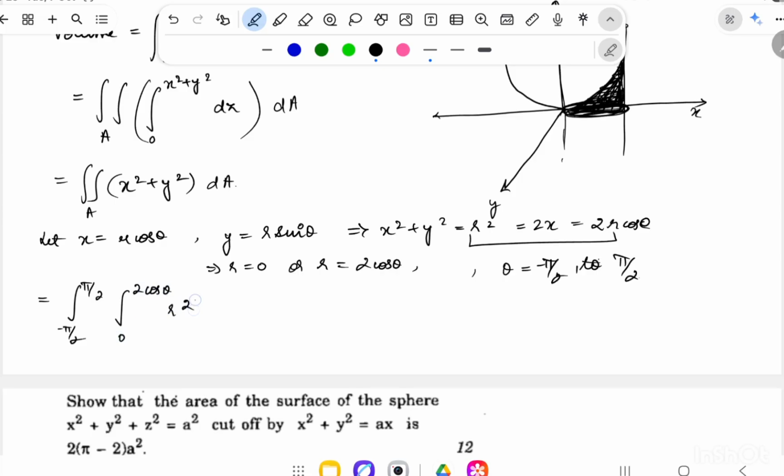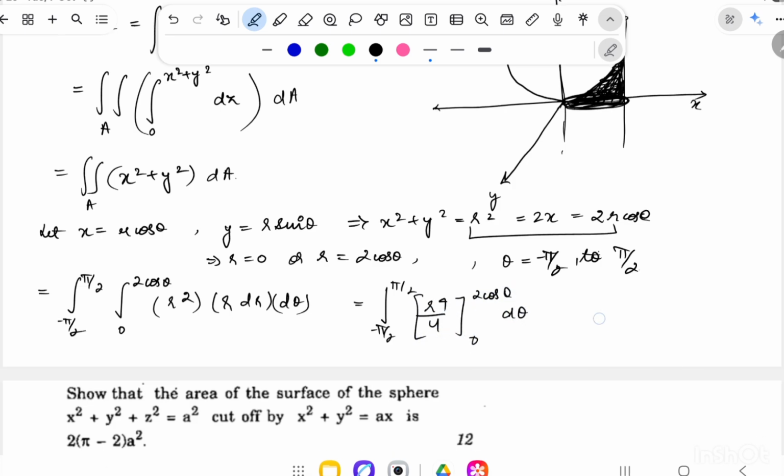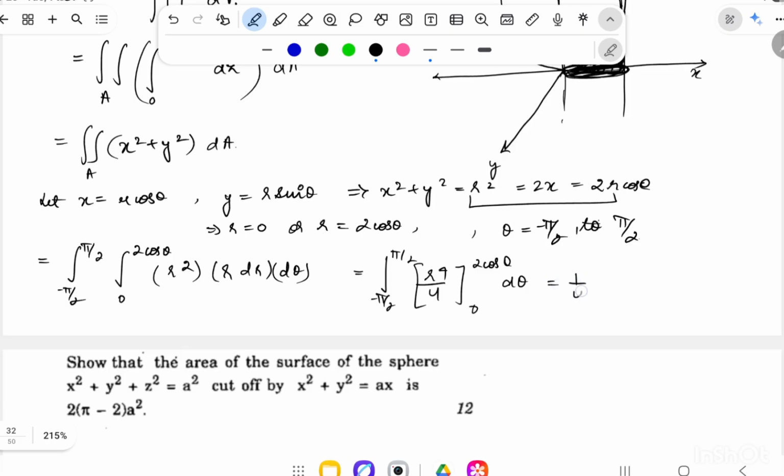and dA will be r dr d theta, which basically gives us the integration from minus pi by 2 to pi by 2. If I integrate with respect to r, it will be r raised to 4 by 4, and r varies from 0 to 2 cos theta d theta, which will be equal to 1 by 4 integration from minus pi by 2 to pi by 2, 2 raised to 4 cos theta raised to 4 d theta.